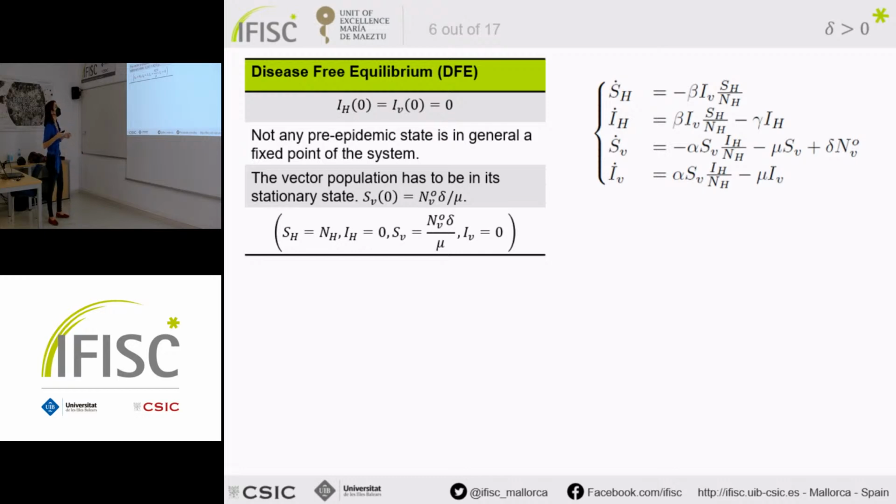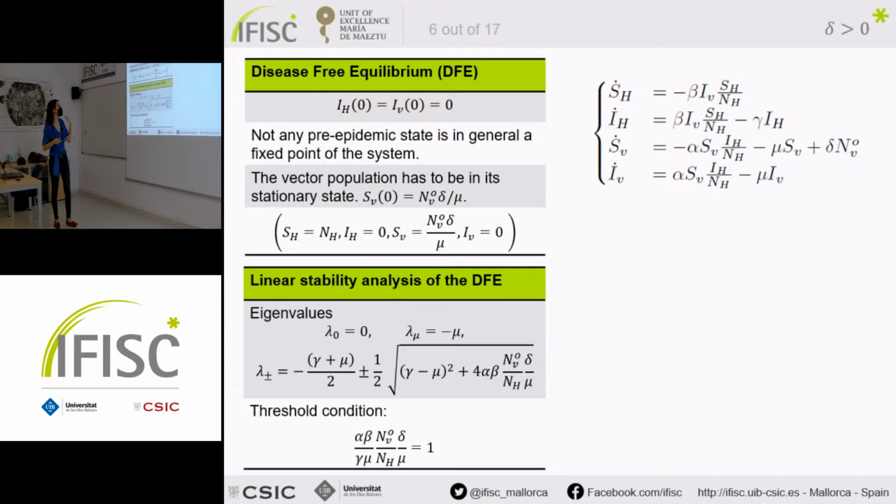So the pre-epidemic states are disease-free and in equilibrium when this term is at its stationary value. So now we can make a linear stability analysis of this disease-free equilibrium, and we see this threshold condition. If this combination of parameters is less than 1, it's stable, and if it's greater than 1, it's unstable.